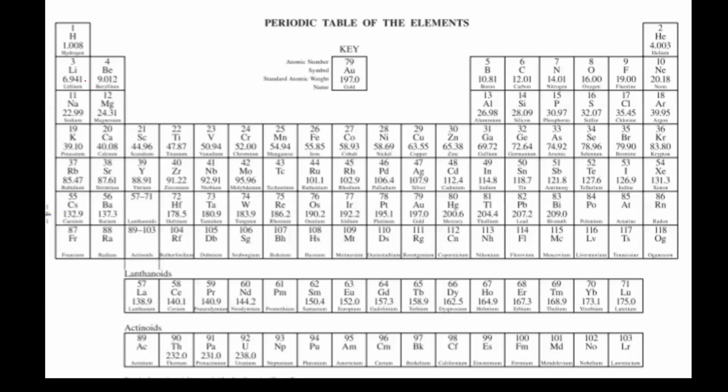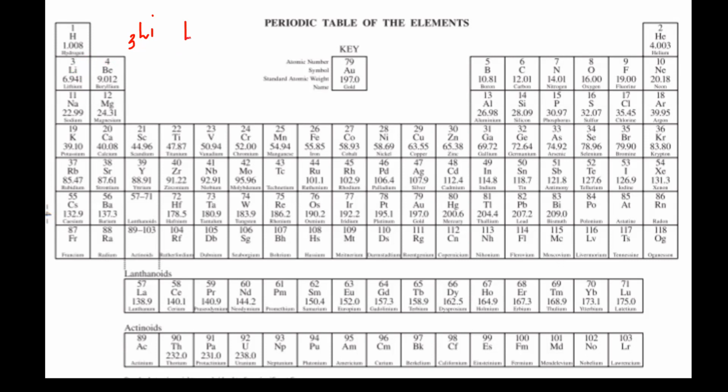We know the number of electrons in the outermost shell of each atom is equal to the group number. It means elements of group 1 have only one electron in their last shell. So we start with lithium. Lithium, 3, and we know it's in group 1, so it only has one electron in its outermost shell.